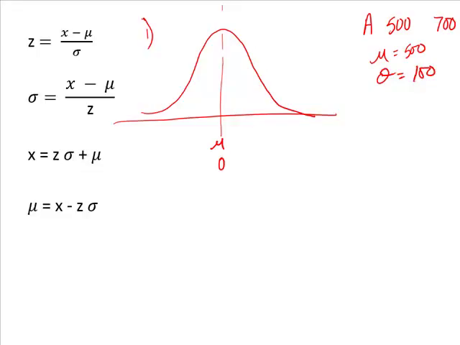So for scores of x, the mean is 500. I want to find the area between 500 and 700. I want to find this shaded area.